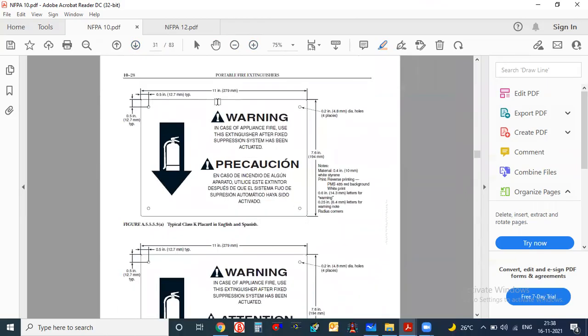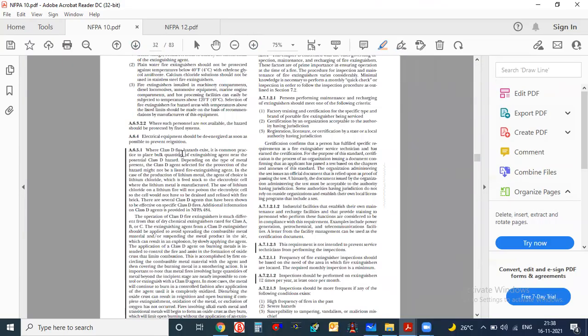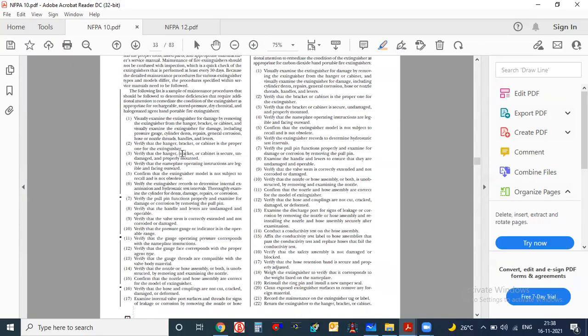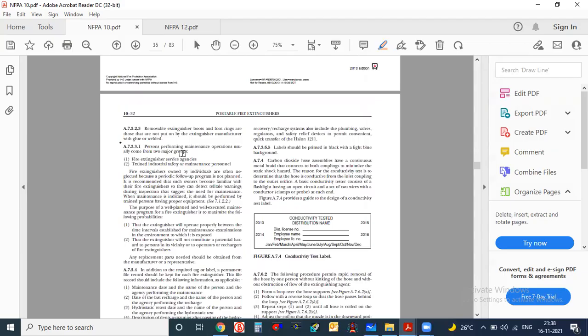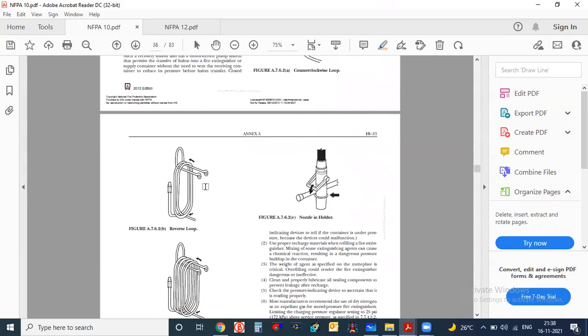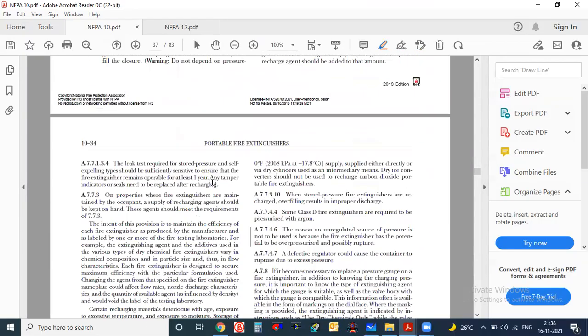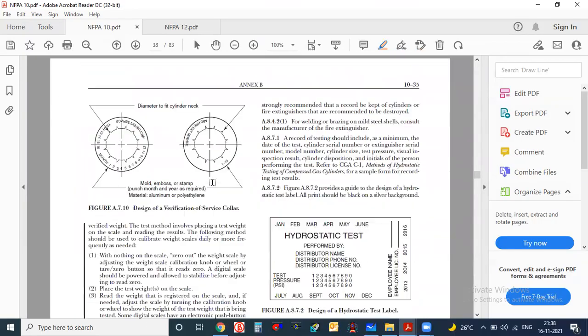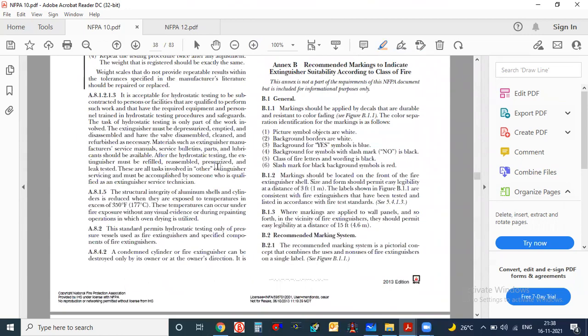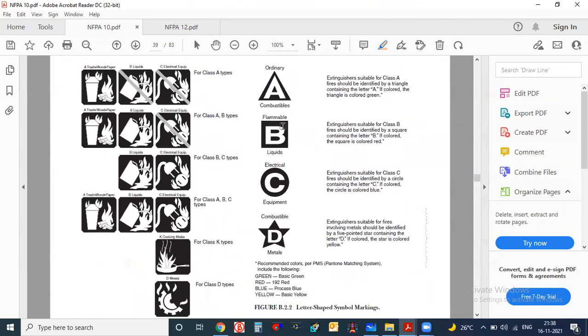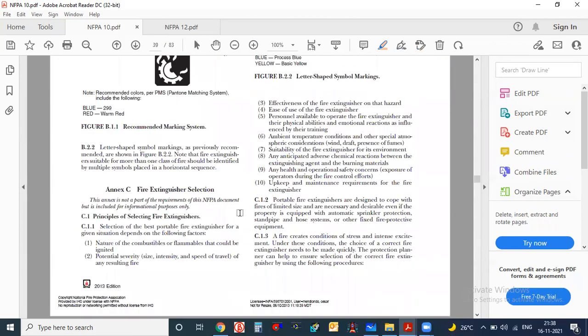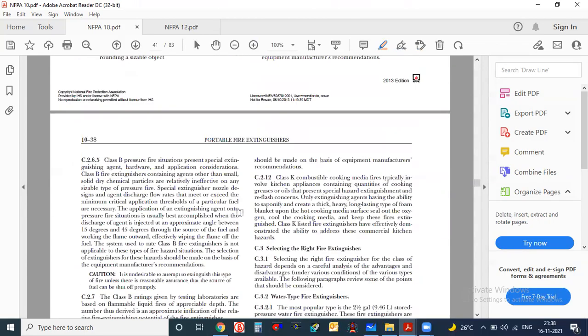Here they have given certain images of how that thing is kept, and certain points are given here. They have given details about the different equipment used in fire extinguishers. And the hydrostatic test, Class A, Class B, Class C, what we studied in our first class. This letter specification is given here.